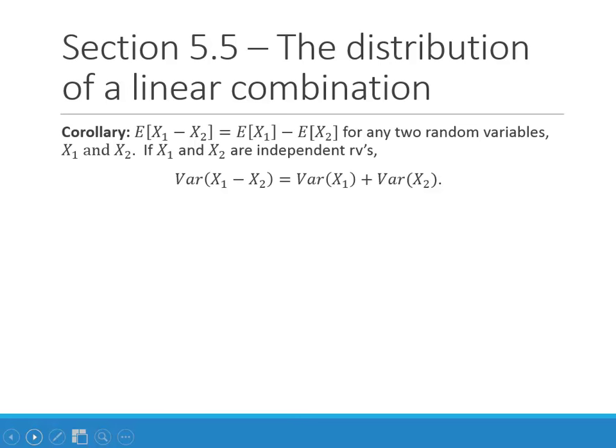You can let a1 equal 1 and a2 equal -1, so let n equal 2, and then that result will fall out from the proposition that we saw just above the example.